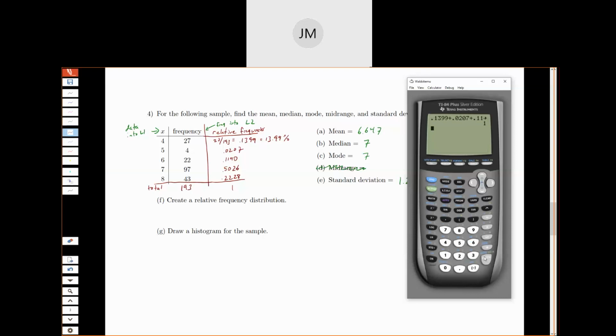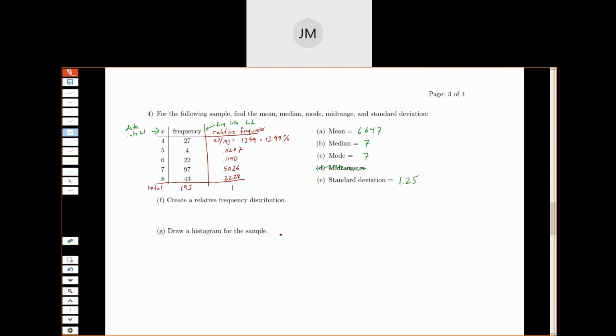But again, if you were off by a tiny amount, like 0.9999 or 1.001, that's fine. If it's off by 1 decimal spot, that's just rounding error. Okay, so that's my relative frequency distribution.